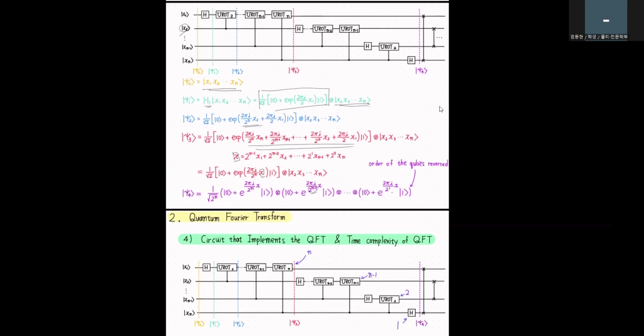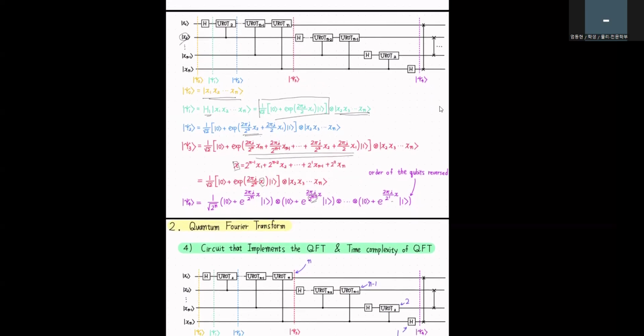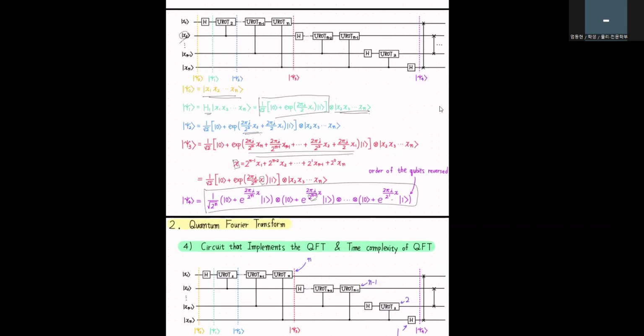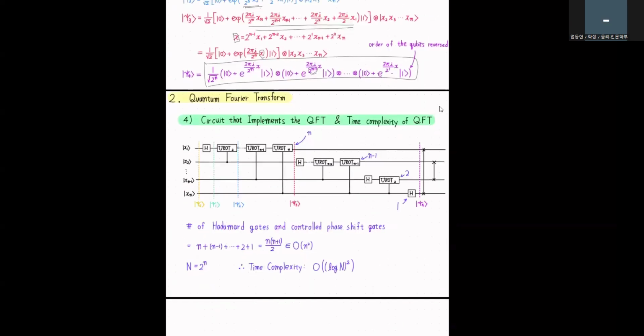And this is because as we go down in the qubits, this power is reduced by 1. And so we have to reduce the number of control rotations. And afterwards, you'll notice that the order of the qubits in this case is reversed. So we add swap gates, which switch the order to obtain our final desired state.